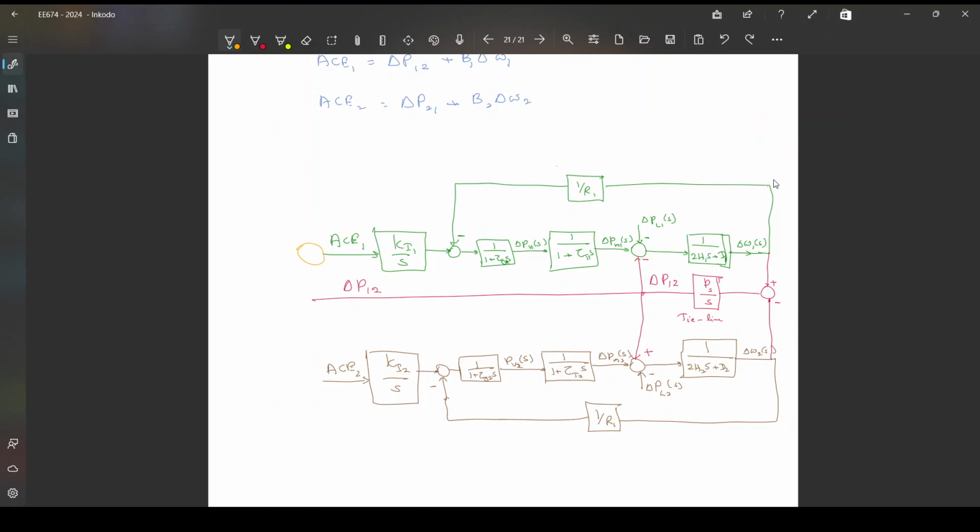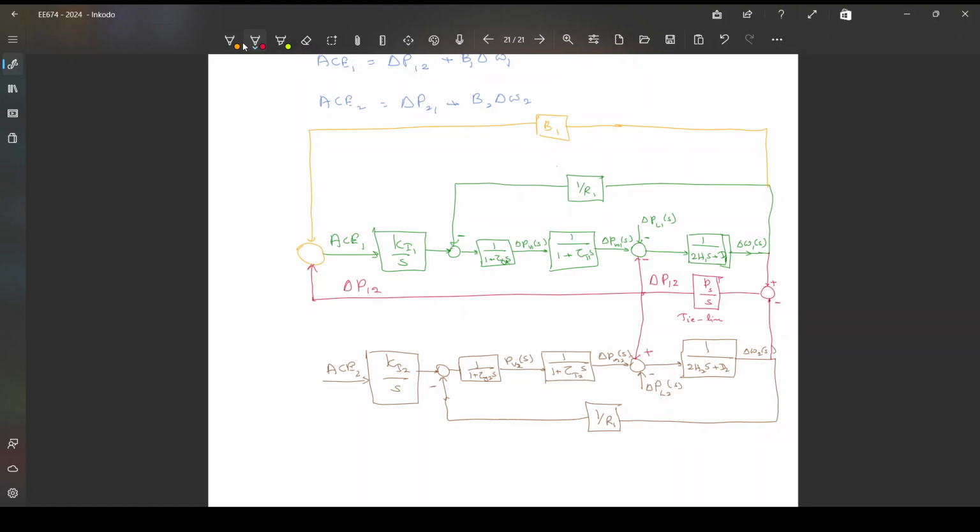You multiply it by B1, you get B1 delta omega 1, and then you need to calculate the area control error from there by use of these two, right?